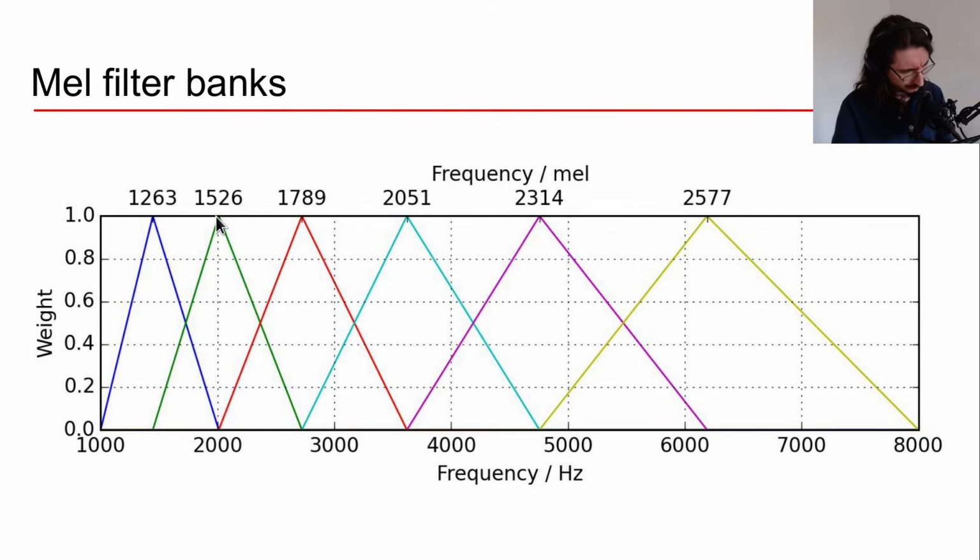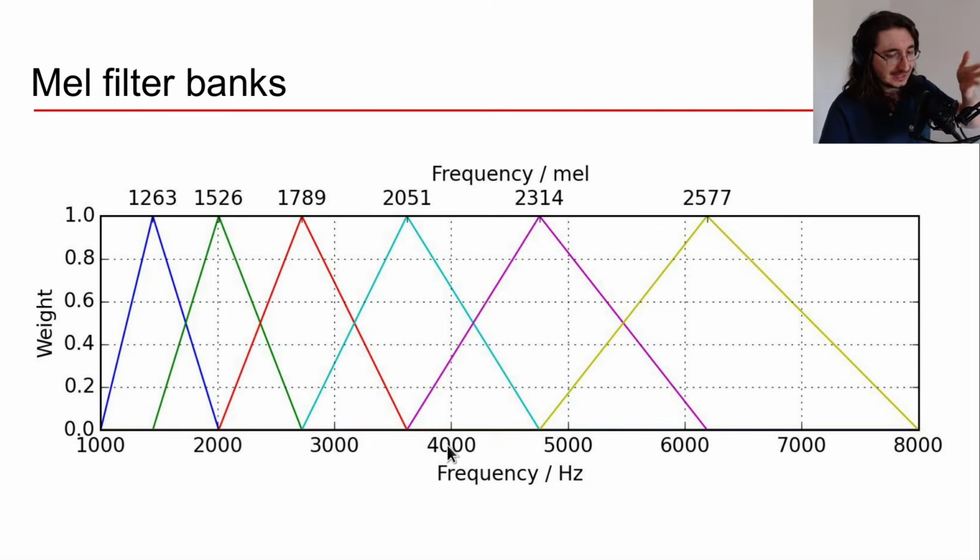Okay, so what you can notice here is that the difference between all the center points for the Mel bands is the same when it's calculated in Mel. So we basically have always the same difference between two subsequent center frequency points, but this is not true in the case of hertz. And that's the whole point, right?